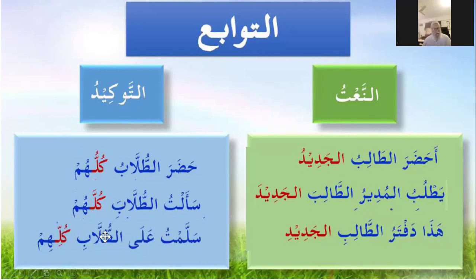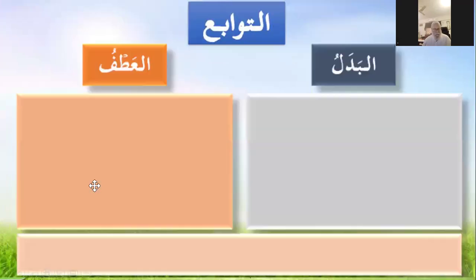Because the mawsuf or the manut has jar. It's not actually coming as a naat, they are coming as a tawheed. So they are following their predecessor. At-tulabu kulluhum, at-tulaba kullahum, at-tulabi kullihim. So the tawheed is following that.